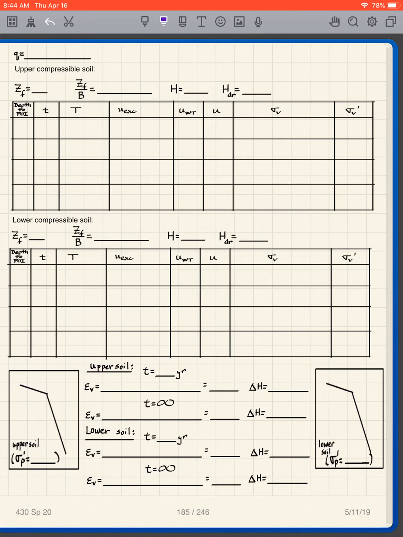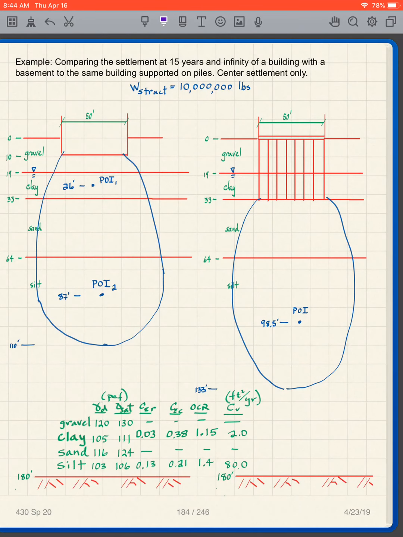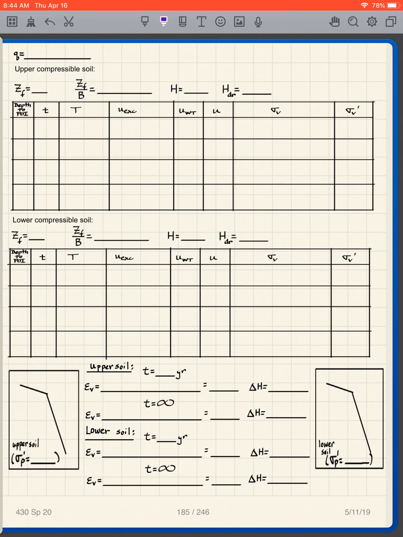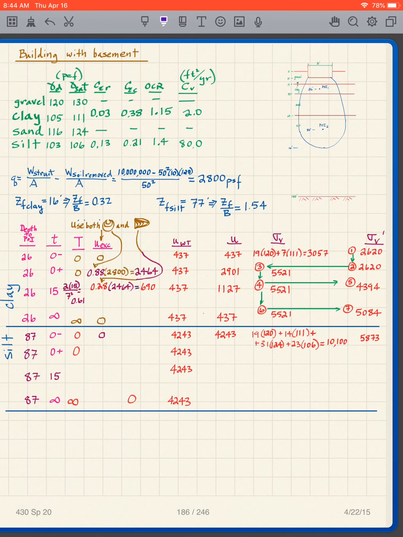Do the best you can with it. So pause the video, fill out this table, go back to the video to look at the exact problem. Here's the problem. So you have to go back and forth a little bit, but in any event, do your best to do this.